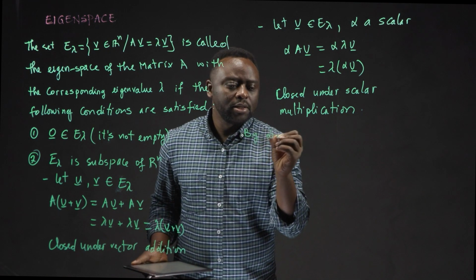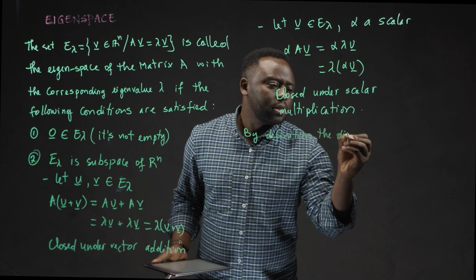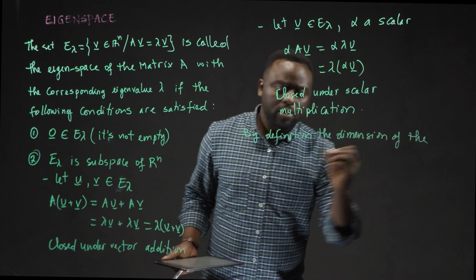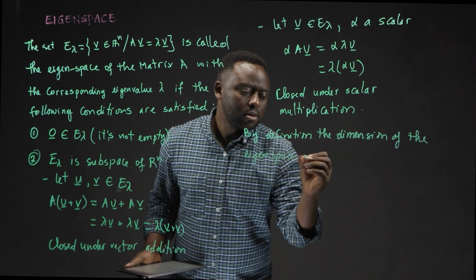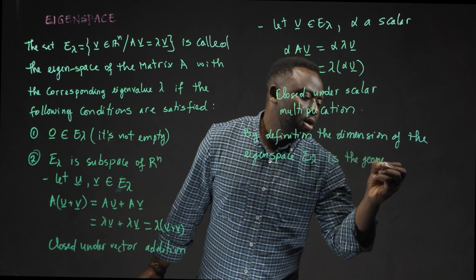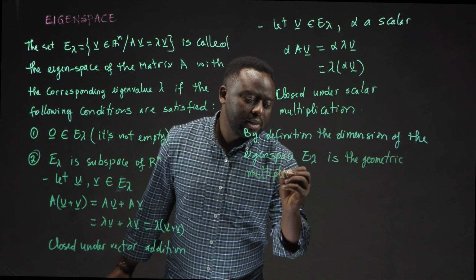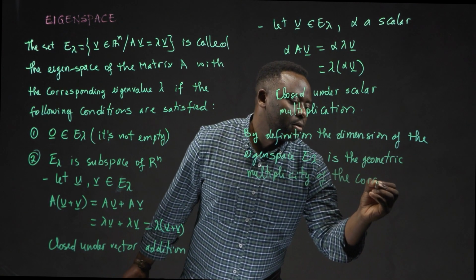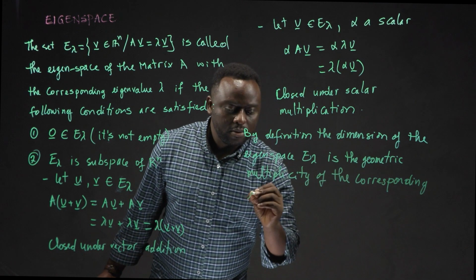Okay, by definition, the dimension of the eigenspace E lambda is the geometric multiplicity of the corresponding eigenvalue lambda.